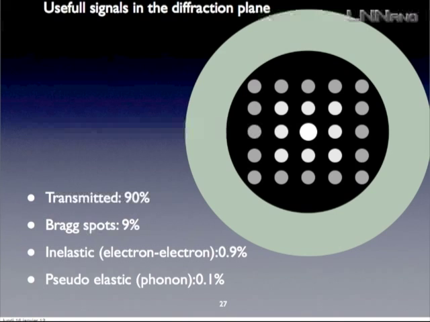You have within this plane a lot of inelastic signal, but it's spread almost all over; it's the signal you would measure in EELS, for example, and it's say 1% of the total signal. And then at very large angle, you have what is sometimes coined as pseudoelastic, so it's all the scattering from phonons, and it's less than 1 per 1,000, typically.